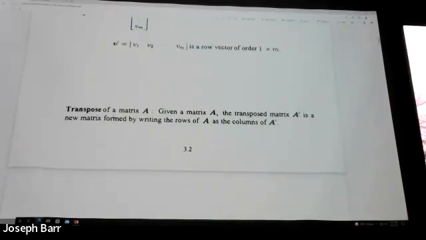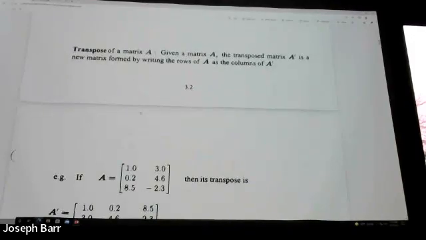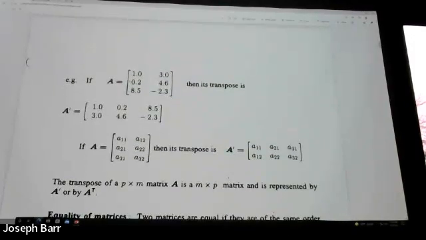Transpose is a very popular operation. We just change the rows and the columns. If this is A, then A transpose is here. Here we have 3 rows and 2 columns, 3 by 2. If we transpose it, we have 2 rows and 3 columns. All the rows become columns.